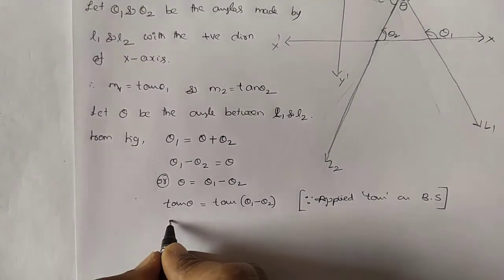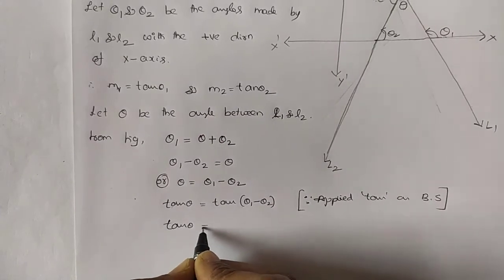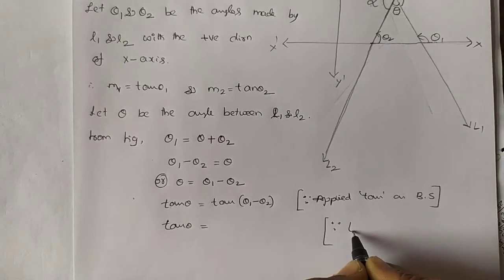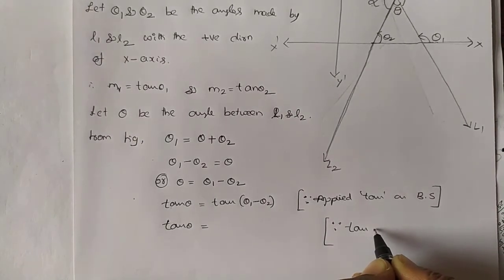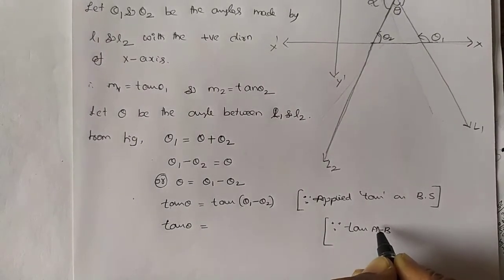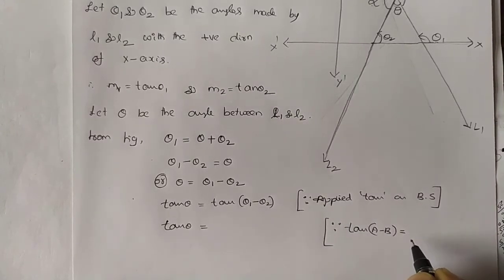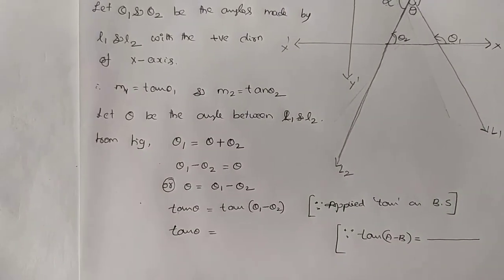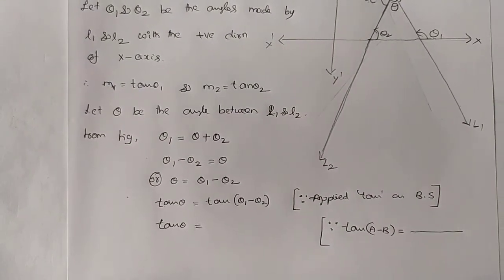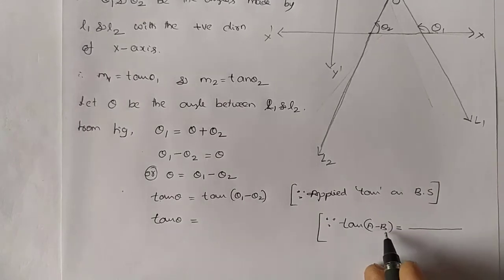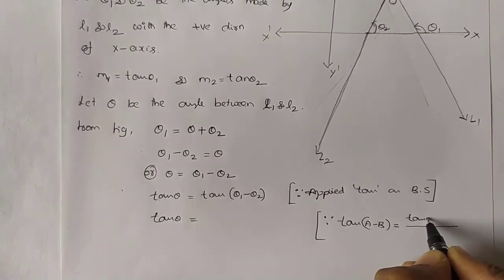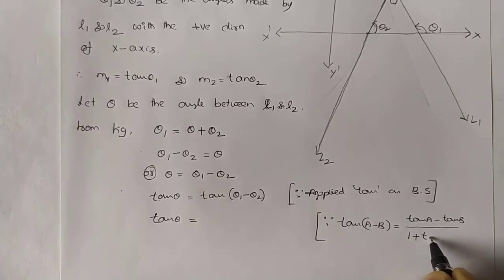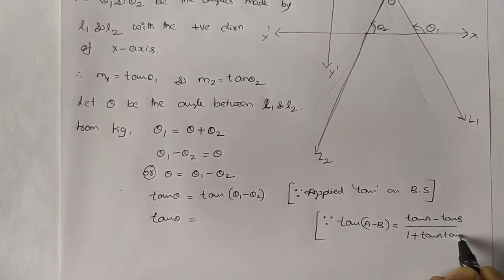Now, you just recall the formula for tan of a minus b. What is the formula for tan of a minus b? Tan a minus tan b divided by 1 plus tan a tan b.